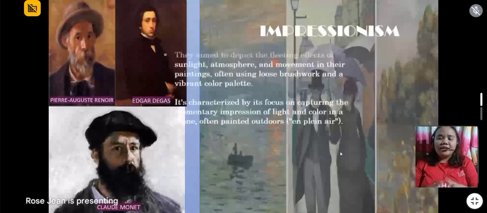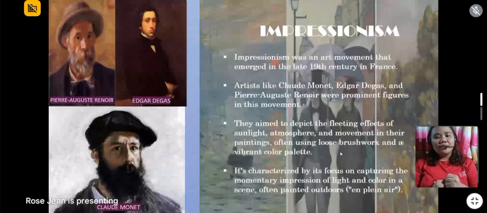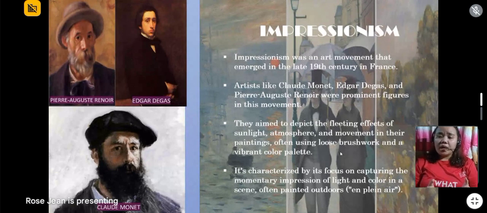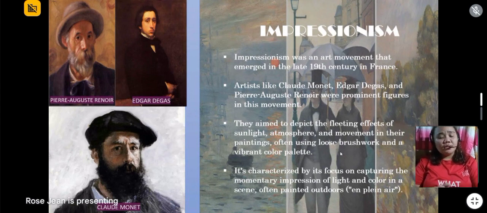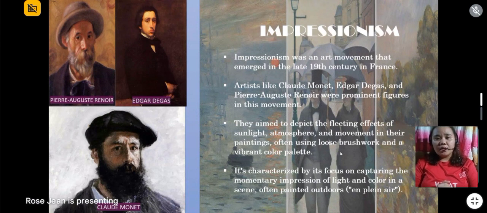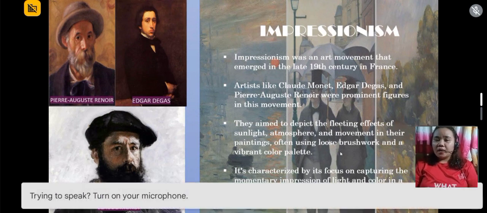Impressionism was an influential art movement that emerged in France during the late 19th century, primarily in the 1860s to 1870s. It marked a significant departure from the academic art traditions of the time, emphasizing the depiction of light, color, and fleeting moments rather than detailed realism or historical narratives.